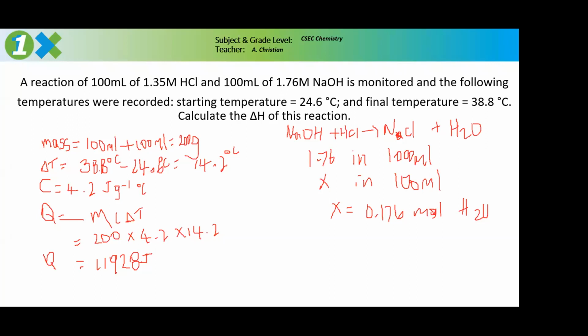All right, so the Q that you just found is for 1 mole. Right? It is asking you to find the amount that is in the 0.176. So the last thing that you do is divide this Q value by the moles that are there, which is 0.176.